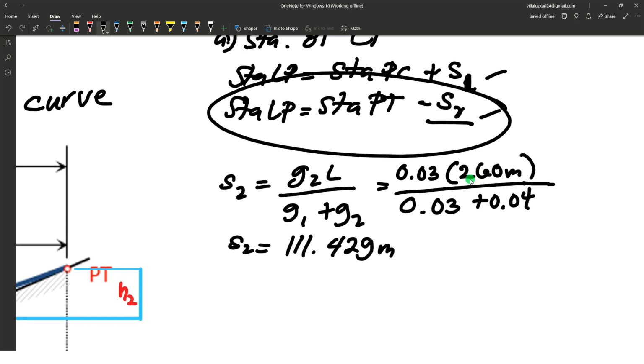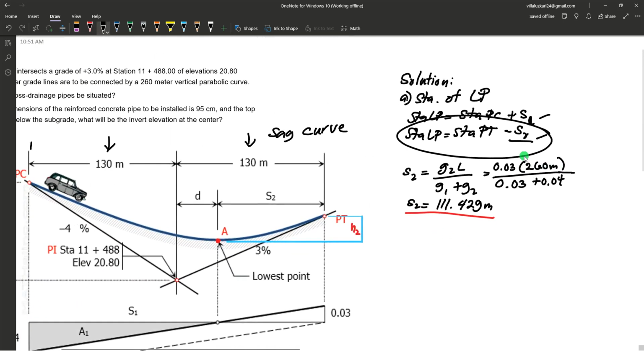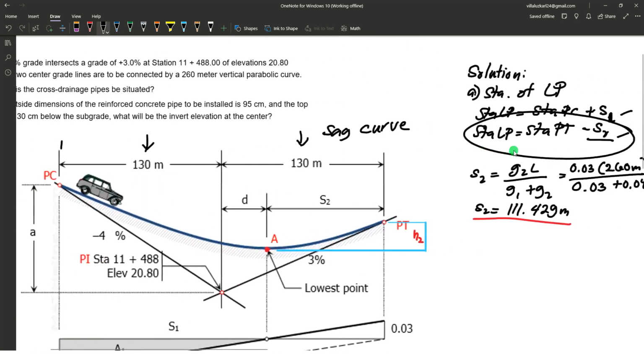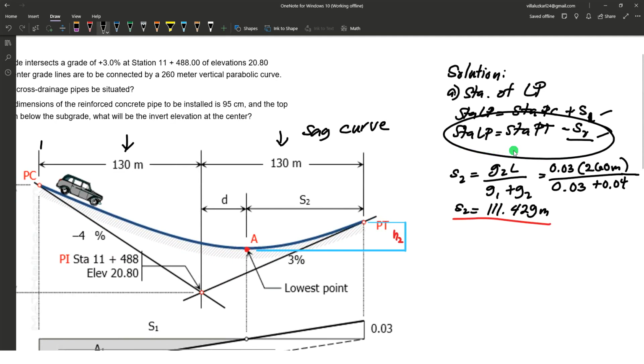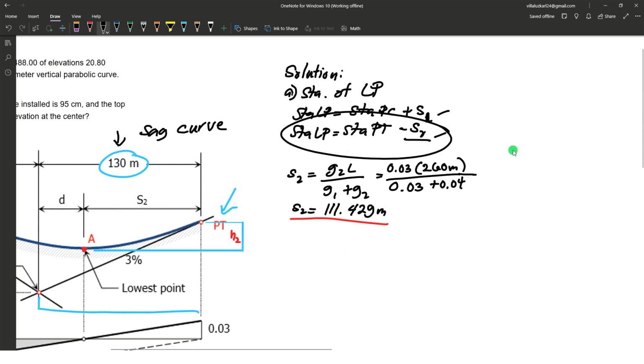Next, we have a given stationing of the point of intersection. To determine the stationing of PT, we will add the horizontal distance from PI to PT, which is half of the length of the curve, 130 meters. Stationing of PT is equal to stationing of PI, station 11 plus 488, plus L over 2, which is 130 meters.